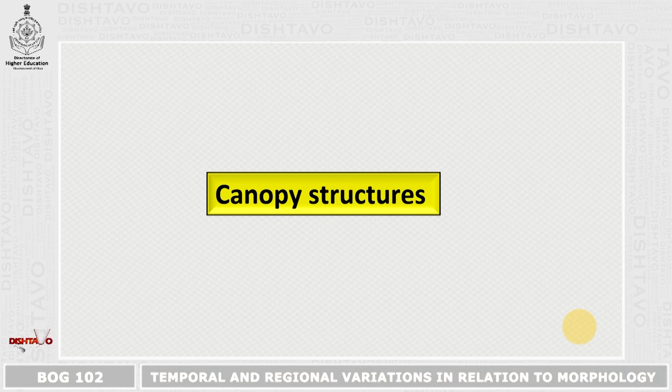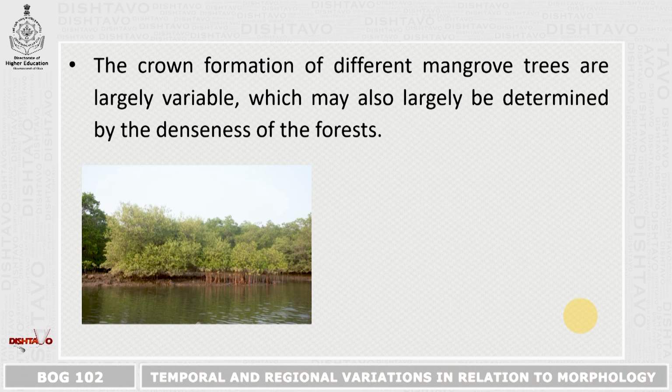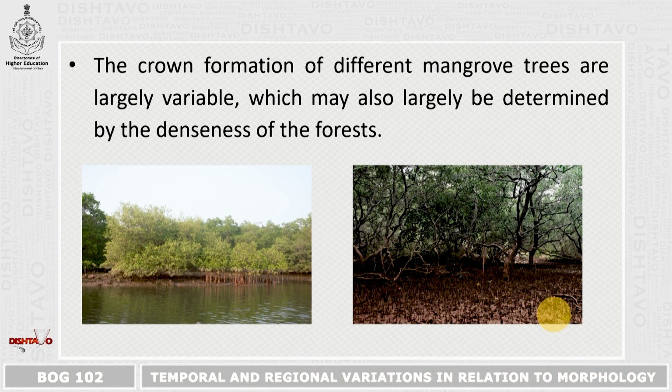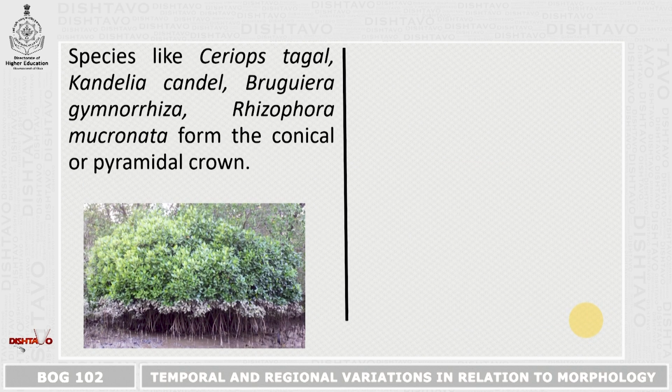Let us learn about the canopy structure in mangroves. The crown formation of different mangrove trees vary largely, and it is mainly determined by the denseness of the mangrove forest. Certain species like Ceriops tagal, Kandelia candel, Bruguiera gymnorrhiza, Rhizophora mucronata form the conical pyramidal crown, as you can see here in the picture.